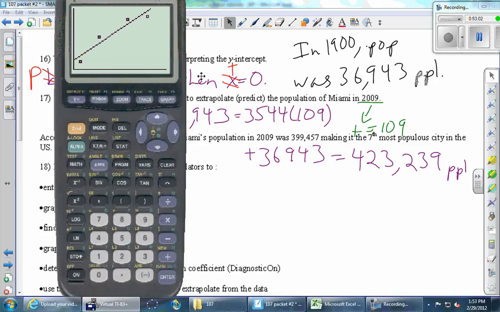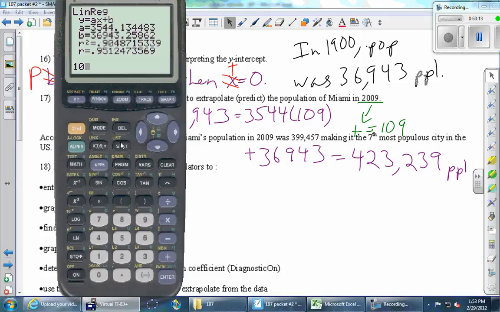What I'd really like to know is how much is the population in 109? So here's what we do. Hit the trace button. Type in 109. Oh, sorry. Scratch that. Let's try second trace instead of trace. I thought I was going to do a nice shortcut, but it didn't work. Everybody have second trace?